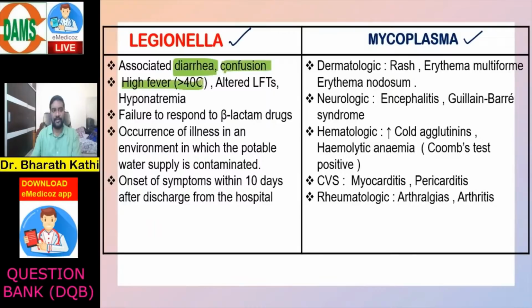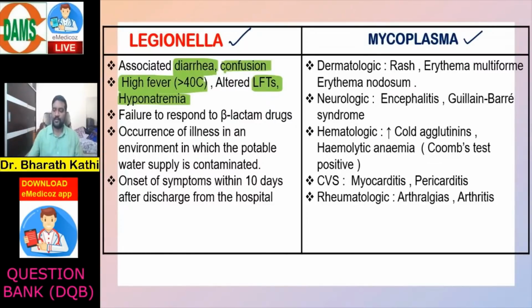There will be high grade fever, temperature more than 40 degrees centigrade, and involvement of liver, systemic involvement, there can be altered LFTs. There can also be hyponatremia. So these are some clues for diagnosis of Legionella pneumonia.